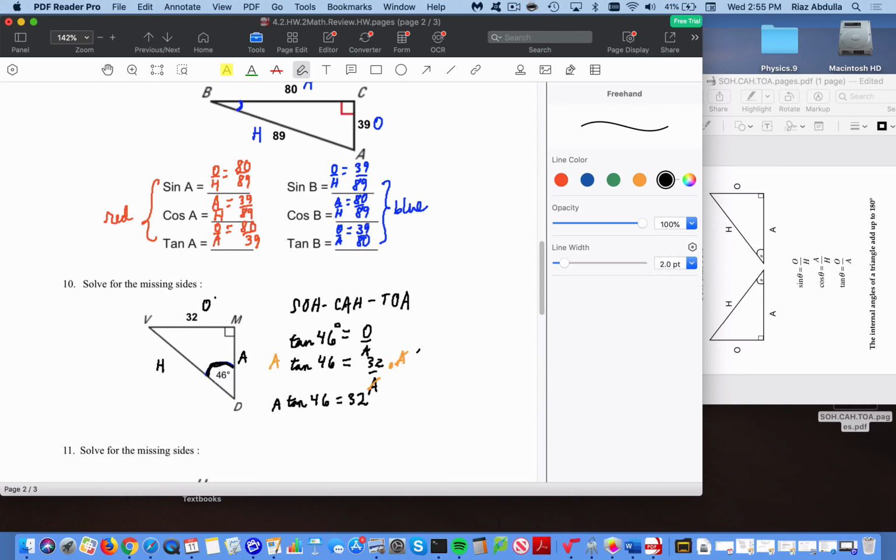So working that out to 2 decimal places, A times 1.03 equals 32. And now I'm going to actually isolate A by dividing both sides by 1.03.